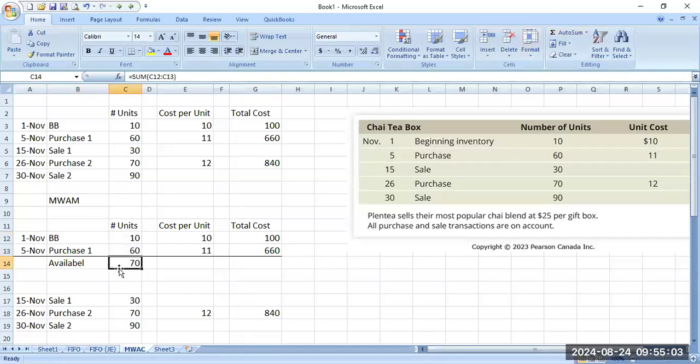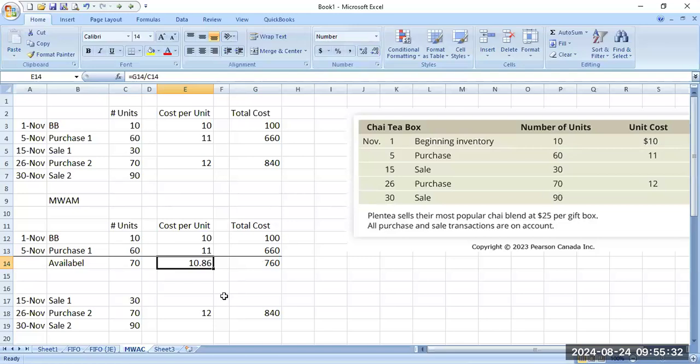I have 70 units available. How much is the total cost of those 70 units? $760. How much is the weighted average of those 70 units? That will be equal to total cost divided by the number of units, 70. It's going to give me my cost per unit at this point. It's not $10, it's not $11, it's $10.86.